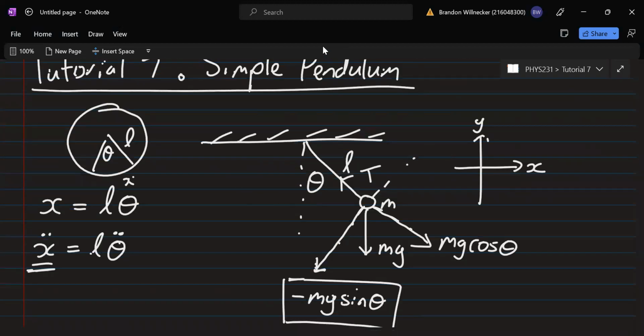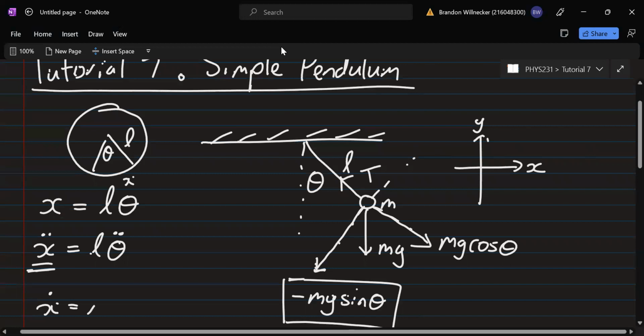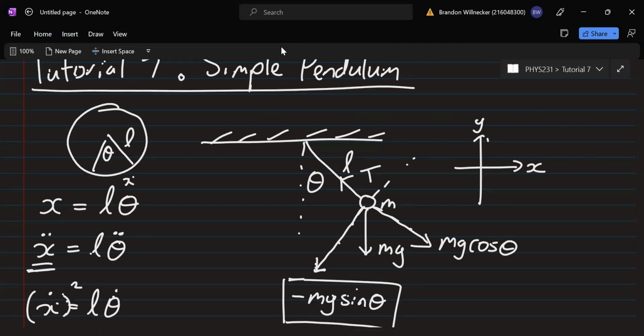The kinetic energy is quite simple. It's just half m v squared. Remember that v is given here. So x dot, in this case, will be L theta dot. But then if we want v squared, we need to square both sides.